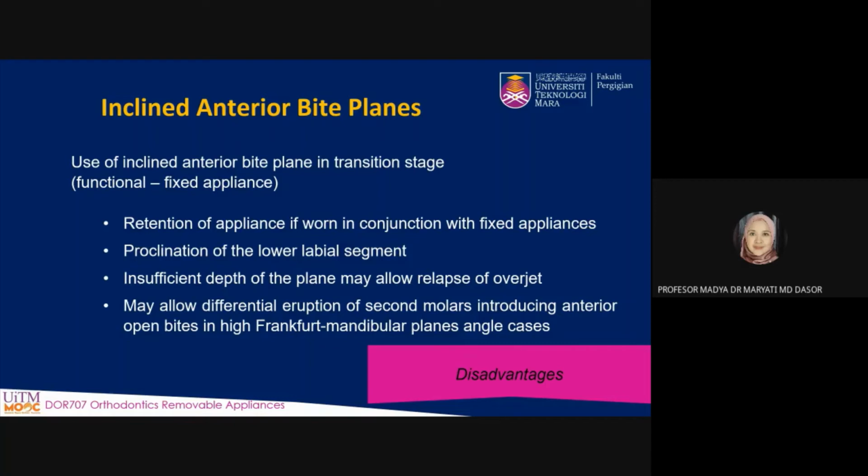Inclined anterior biplane will result in insufficient depth, which allows relapse to occur, especially an increase in overjet. Another thing that we may see is a differential eruption of the second molar, which allows the formation of anterior biplane, especially in patients diagnosed with a high frontomandibular plane angle.